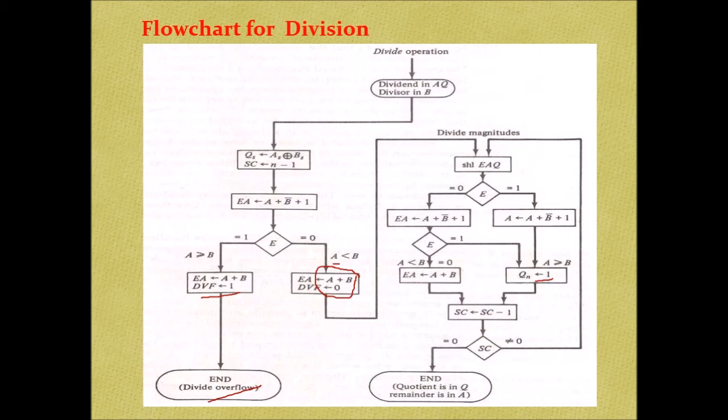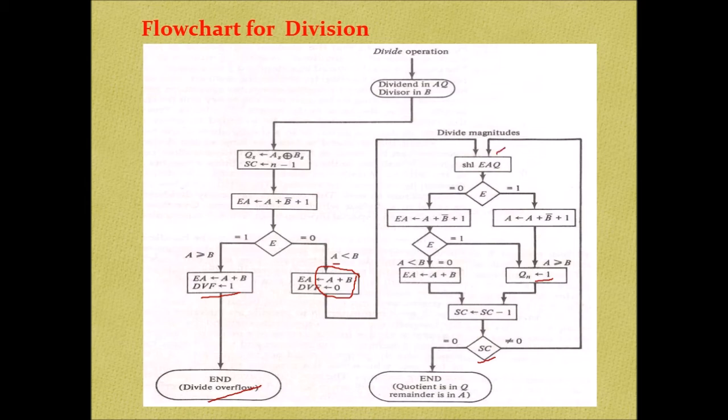Okay, after that we decrement the sequence counter. Here the sequence counter is now checked. If it is 0, then the operation is completed. If it is not 0, again we will go to the first step here.